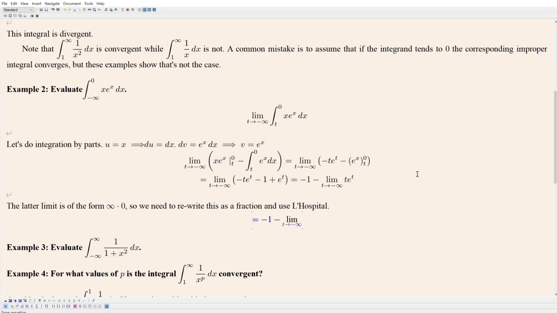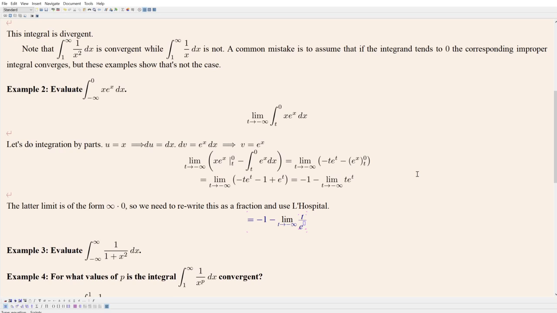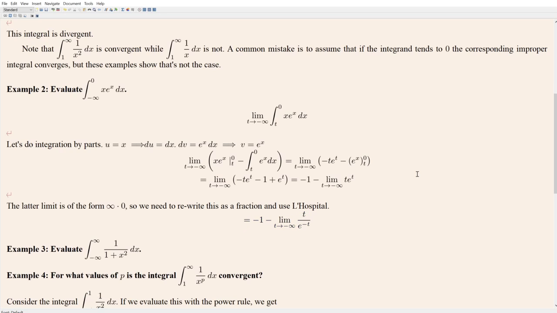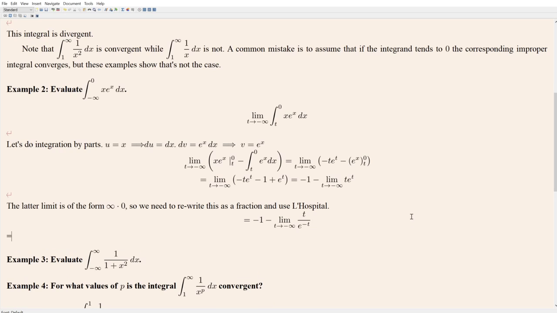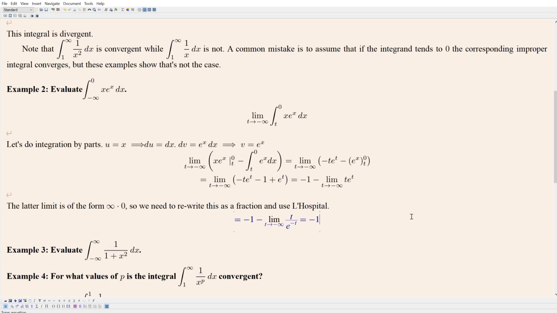We did an example that was almost exactly like this in the previous section on L'Hopital's rule. So we can write that. And now we get infinity over infinity, right? Because negative infinity is positive infinity. So infinity over infinity means we can use L'Hopital's rule.